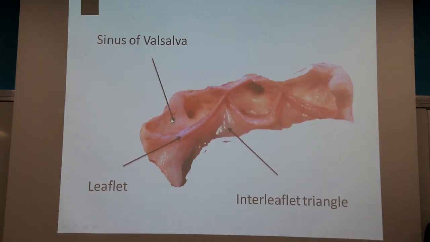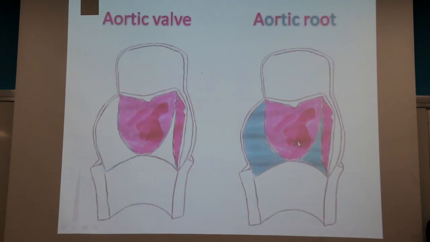We've got sinus of Valsalva, we've got a leaflet, we've got interleaflet triangle. So this is the aortic root, not the aortic valve. The aortic valve here is two cusps, but here is the aortic root. We have in this illustration 2 cusps plus interleaflet triangle plus sinus of Valsalva.